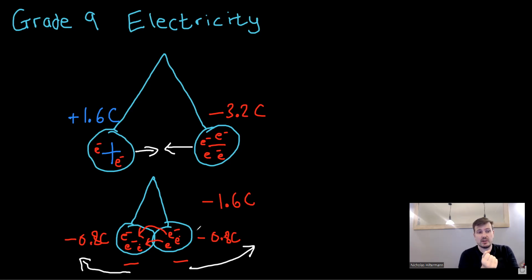And once something has an overall positive or negative charge, as soon as it attracts to something neutral, it's going to want to share its electrons or take electrons. You can think of electricity just wanting to go from negative to positive. The flow of electrons is always from negative to positive. And so if you have a lot of electrons here, they want to go to that positive place over there.